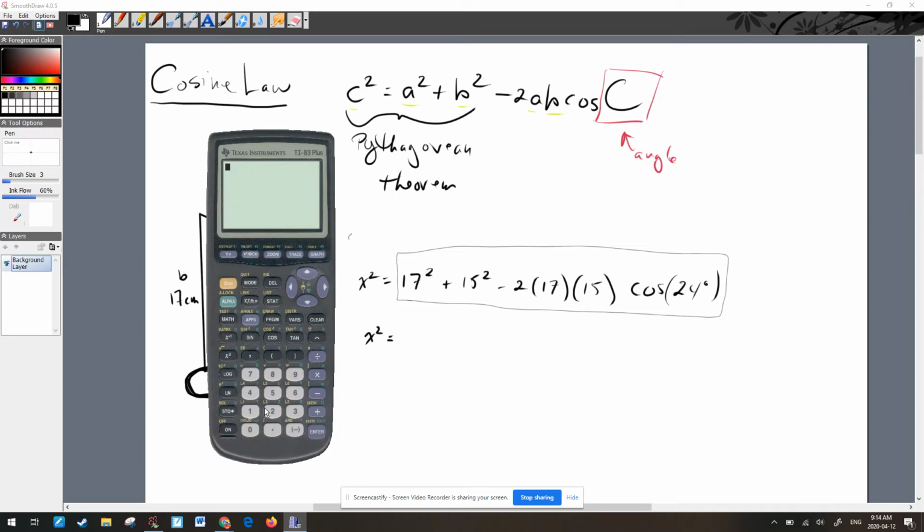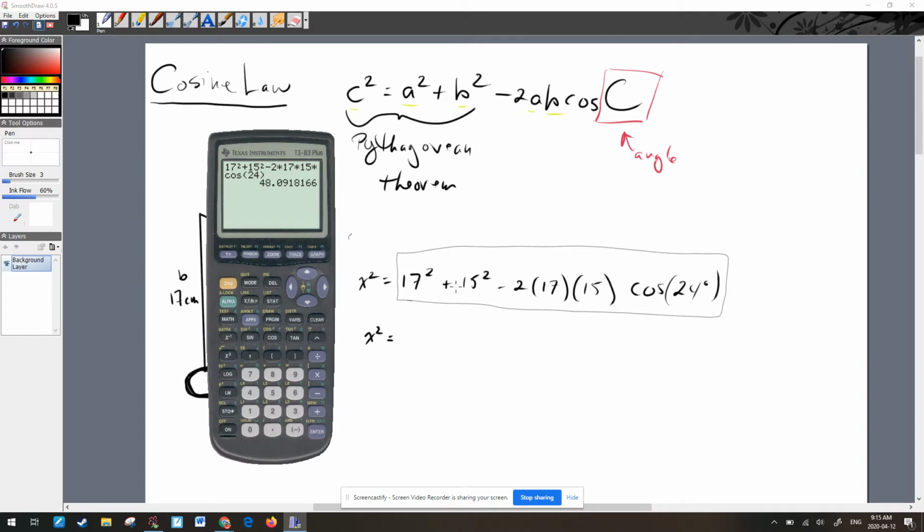Then we're going to type this in: 17 squared plus 15 squared minus 2 times 17 times 15 times the cosine of 24. We type that in, hit enter, hit equals. We're going to get 48.09.